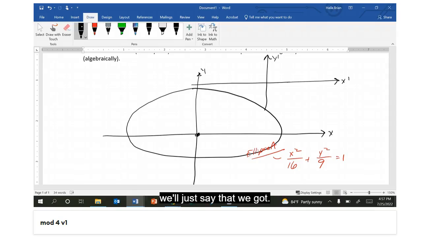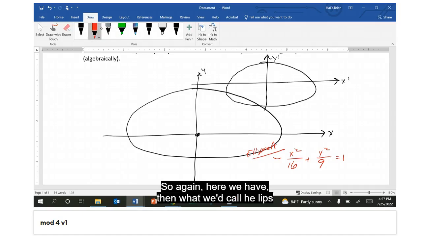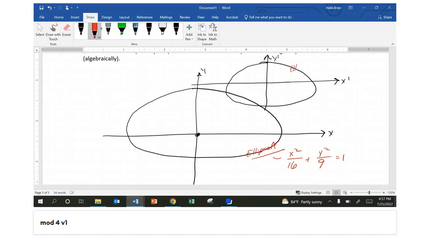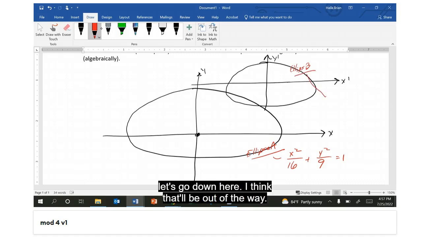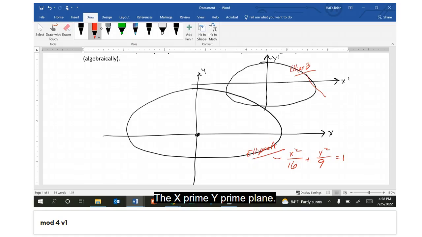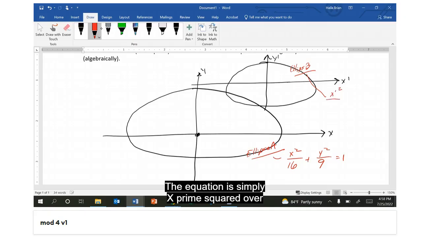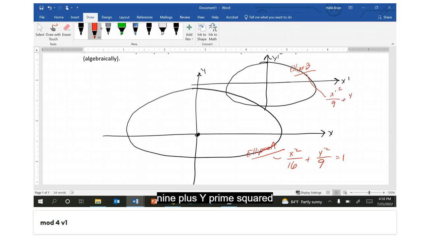So here we have what we'd call ellipse B, and in the X prime Y prime plane, the equation is simply x prime squared over 9 plus y prime squared over 4 equal to 1.